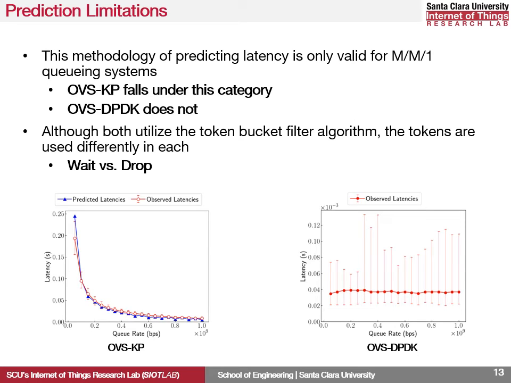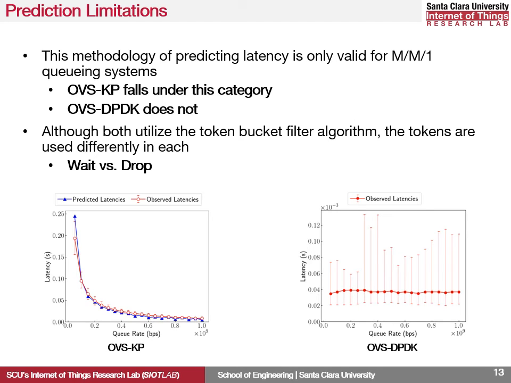These differences in behavior can be clearly seen in a direct comparison of OVSKP and OVSDPDK packet latencies. For OVSKP, while there is a distinct correlation between allocated queue rate and observed packet latencies, that correlation is non-existent in OVSDPDK's observed packet latencies.